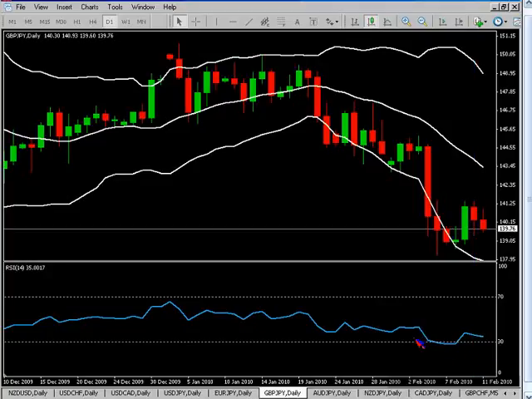I forgot, take a look at the RSI. It crossed below and back above 30. If the daily chart shows us that the RSI crosses below and back above 30, that is the reversal signal we're looking for.